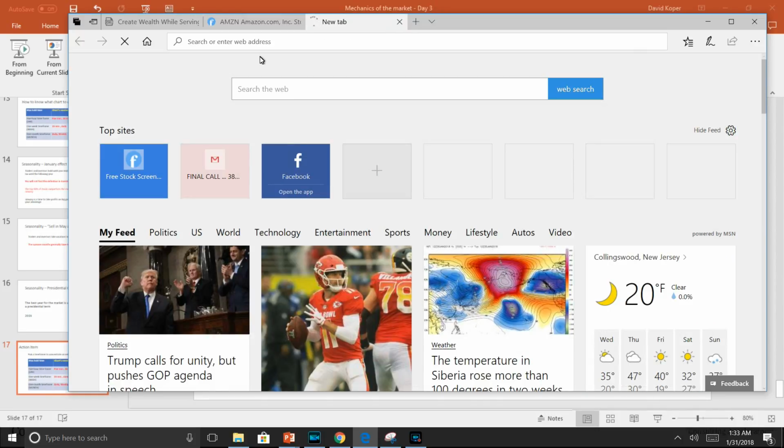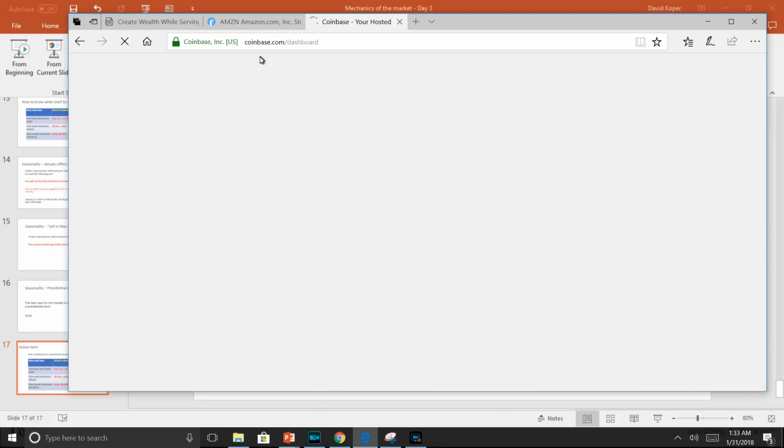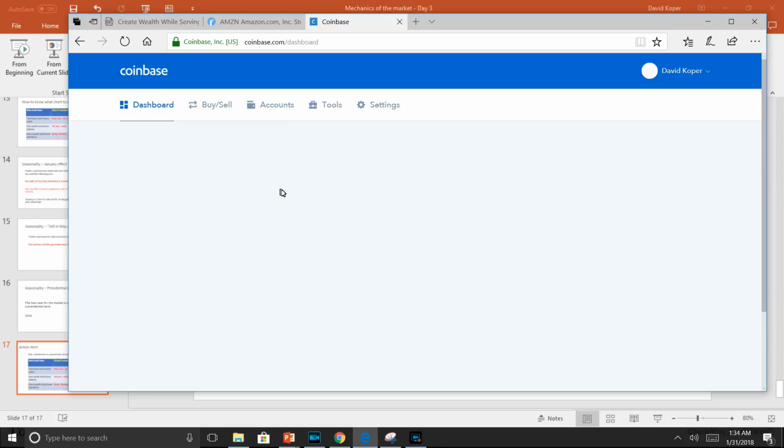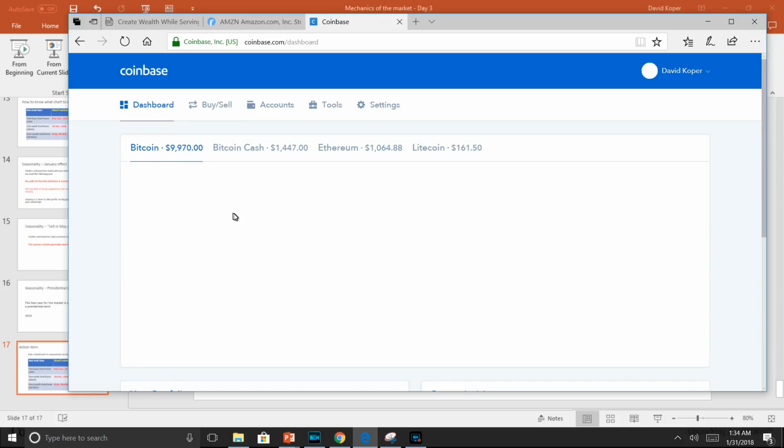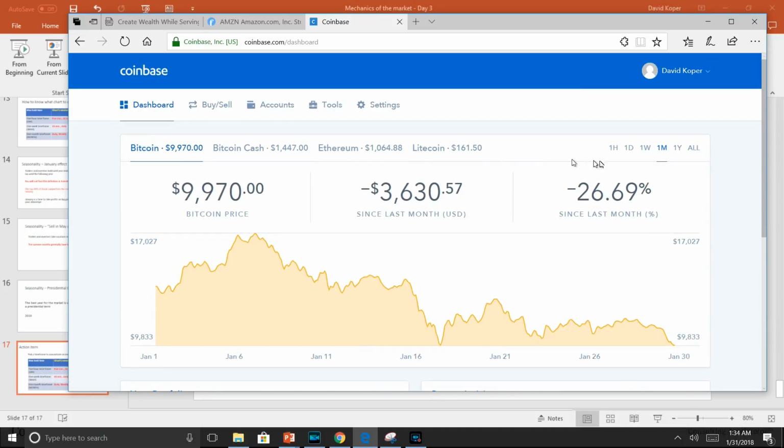And if we go on to Coinbase and look at time frames of cryptocurrencies, we can see that there's a similar feature on Coinbase.